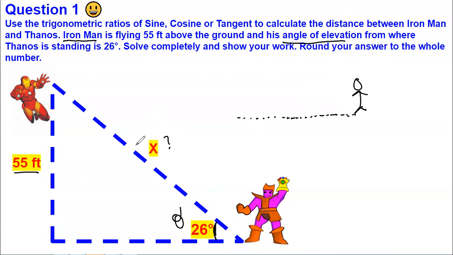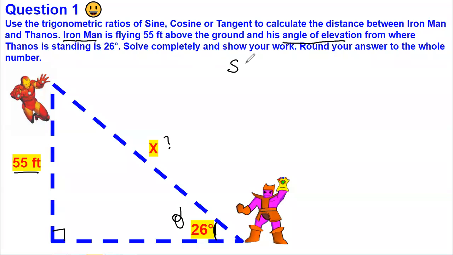So we have this measurement that we need to solve for. We're given the height from the floor to where Iron Man is flying, and it's 55 feet. How can we find the distance from Iron Man to Thanos? Let's assume that this is perpendicular to the floor. How can we find that distance? Well, in this case, which one?